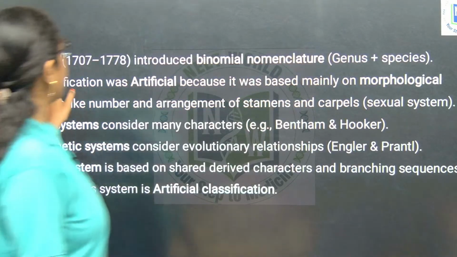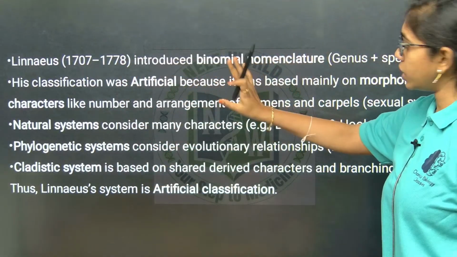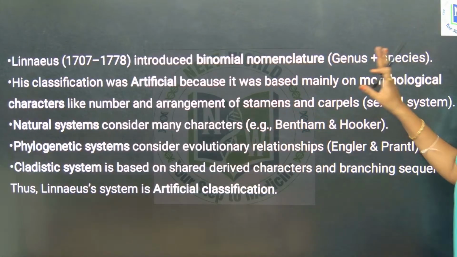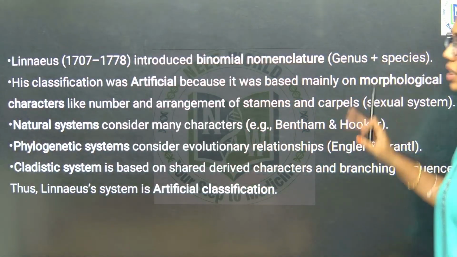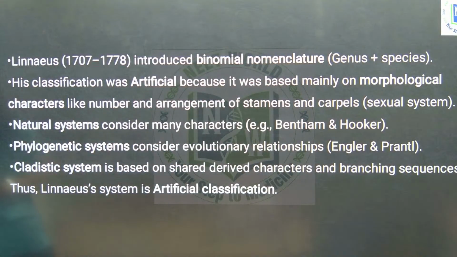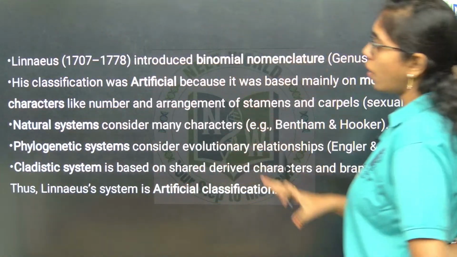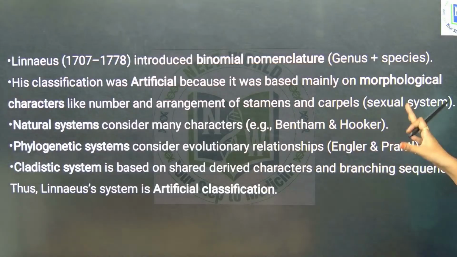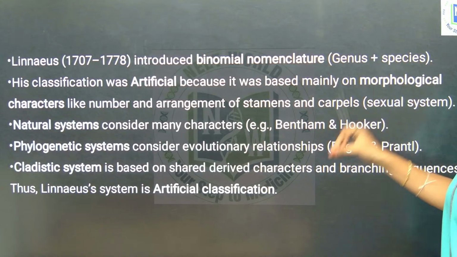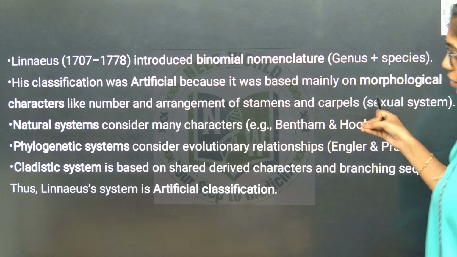Linnaeus, from 1707 to 78 was his time period, introduced binomial nomenclature, which gives the concept of genus and species. His classification was artificial because it was based on morphological characteristics like the number and arrangement of stamens and carpels. That is why we also call it the sexual system of classification.